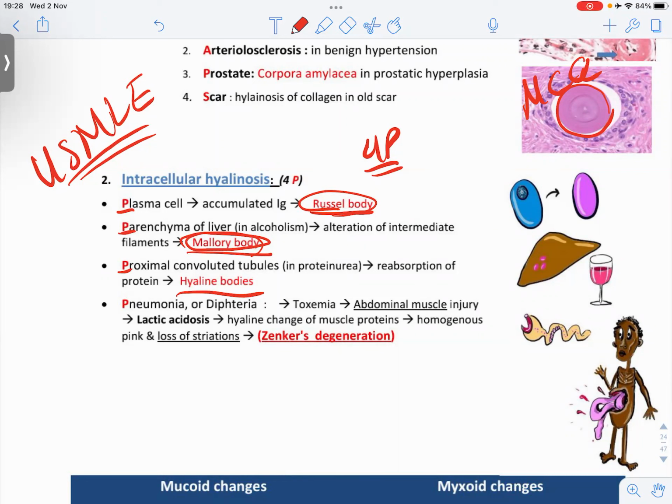So the blood with toxins will go to the skeletal muscle, and these toxins start to destroy some protein inside the skeletal muscle, and this destroyed protein will accumulate together inside the cells of skeletal muscle and form Zenker's degeneration.